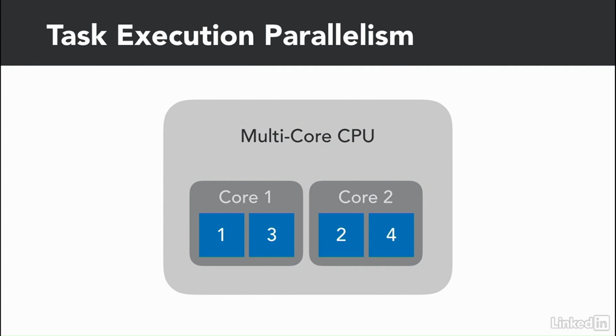But if we have more tasks for concurrent execution, for each CPU core, we still need to have a way of sharing the CPU time between tasks in order to let the tasks such as task 1 and task 3 or task 2 and task 4 appear to be executed concurrently.